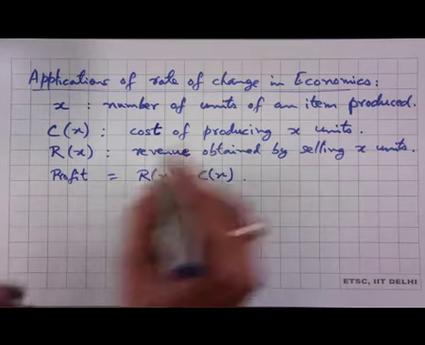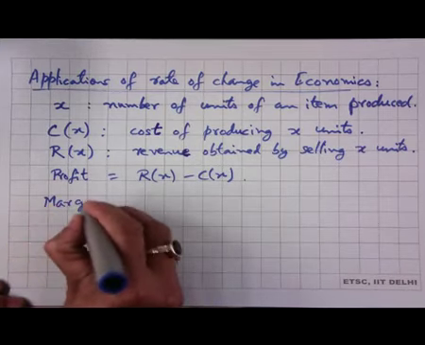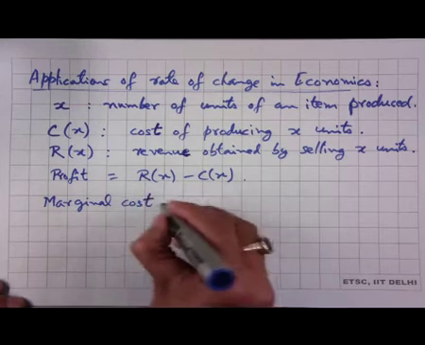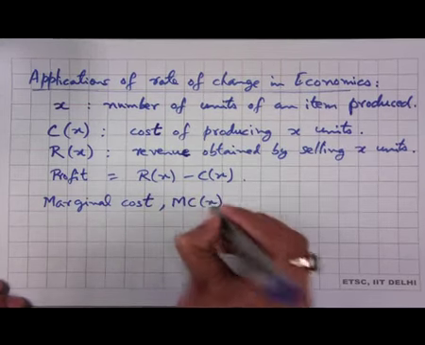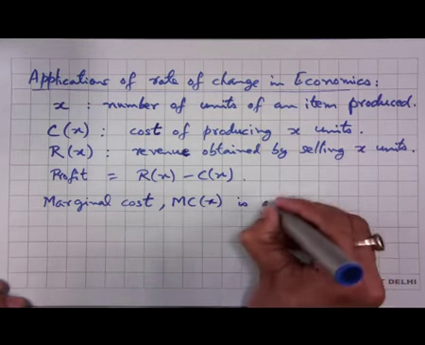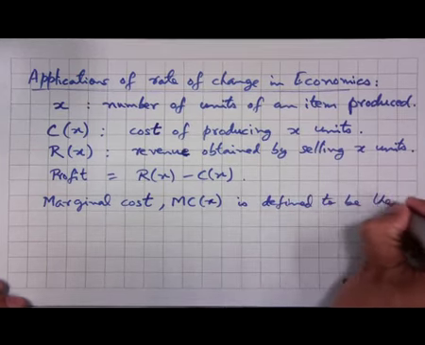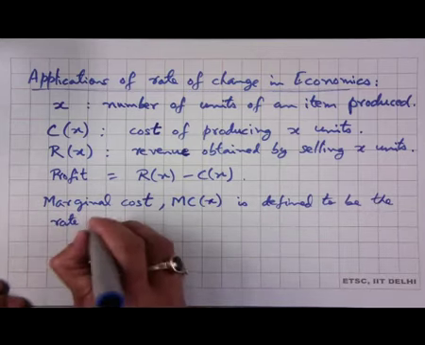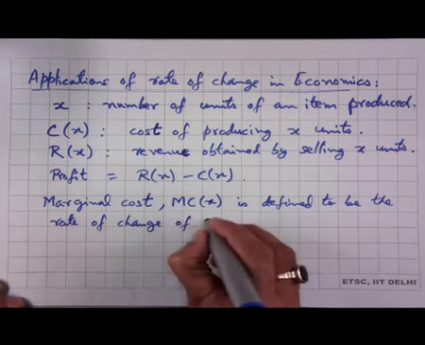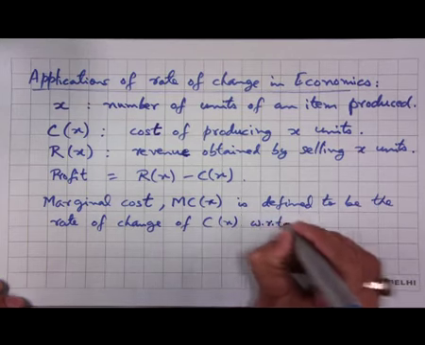Now, here there are some terminologies which are used. So, marginal cost, say MC of x, this is defined to be the rate of change of C of x with respect to x.